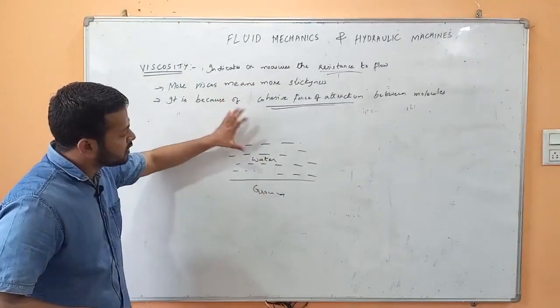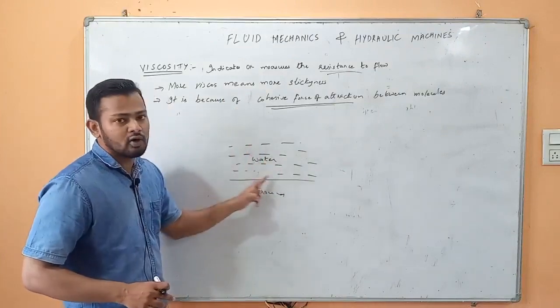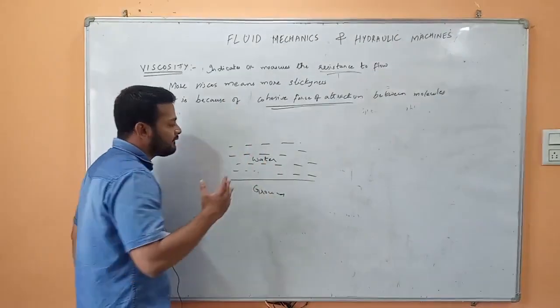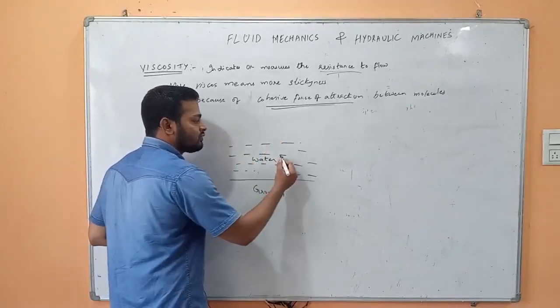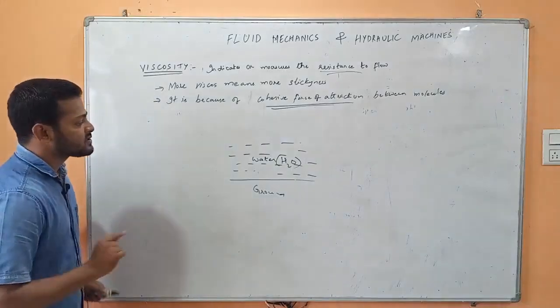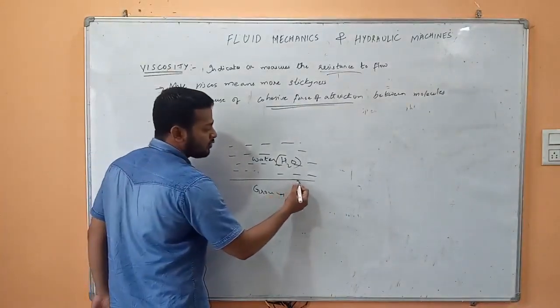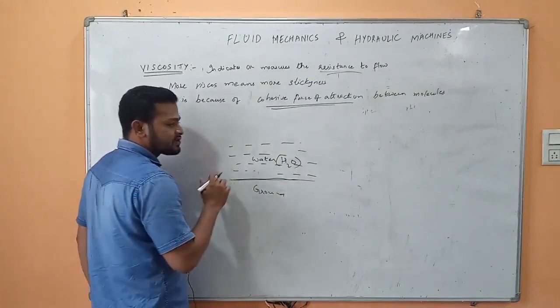When you are trying to move water, one is the resistance within the liquid, which is because of the molecular forces of attraction between the molecules. So when you have to deform this, you have to apply a force greater than the molecular forces of attraction, H2O. And there is one more resistance because of the ground material coming in contact with this water, that is the frictional resistance.